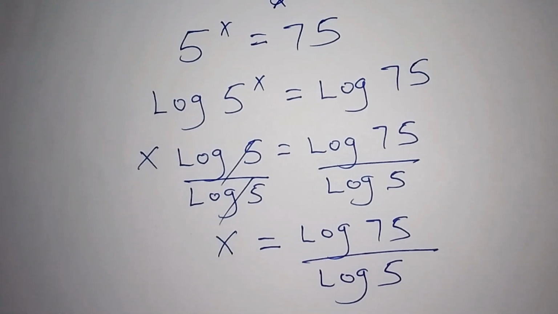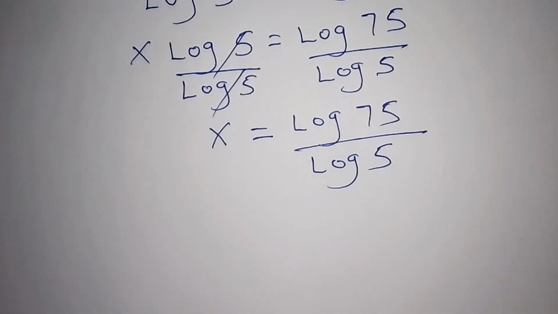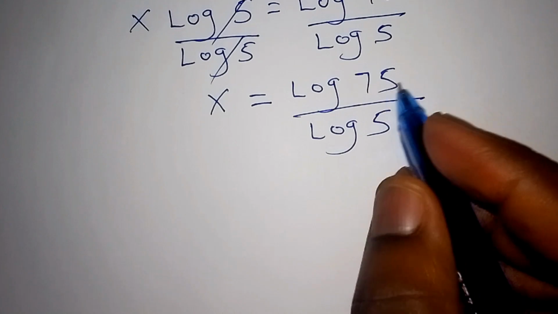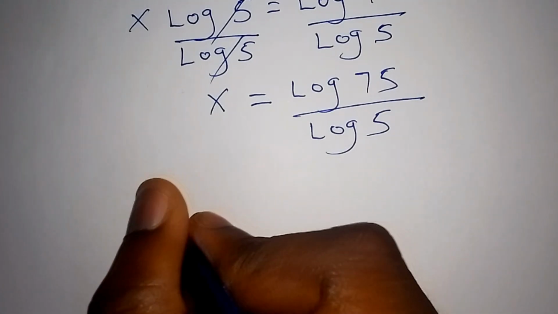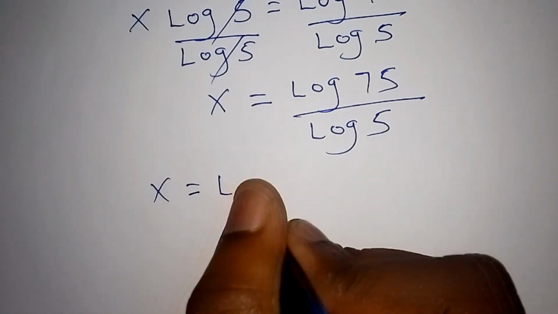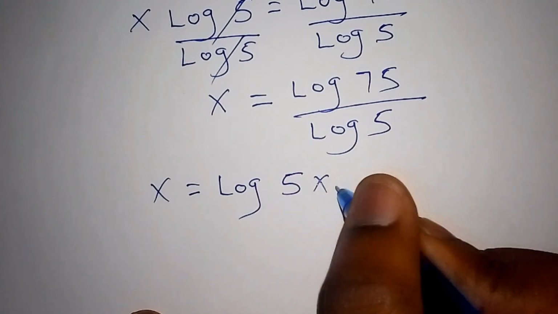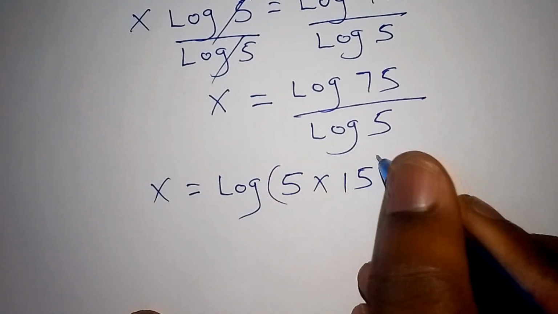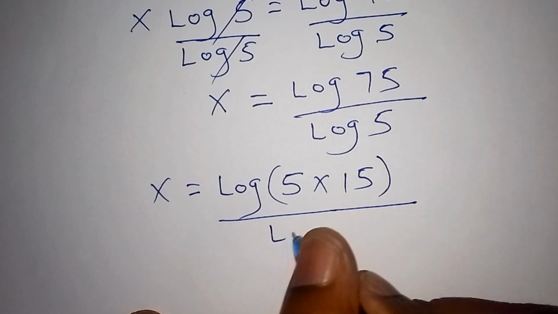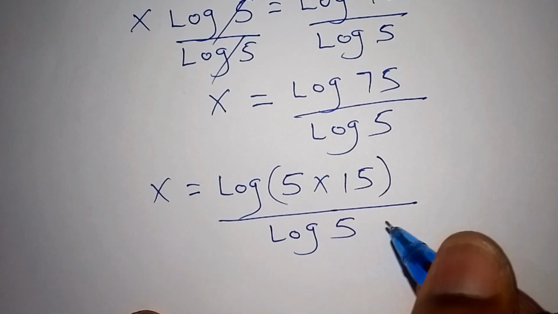We cannot stop there, we can still proceed and simplify the log of 75. Now x is equal to the log of 75, which can also be written as 5 multiplied by 15, all over the log of 5.